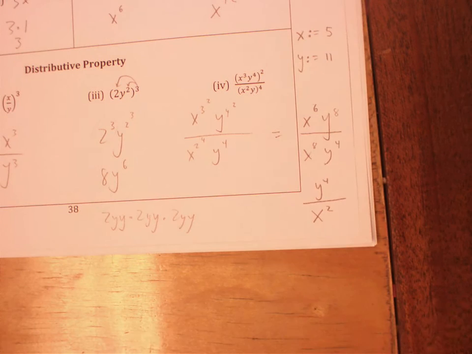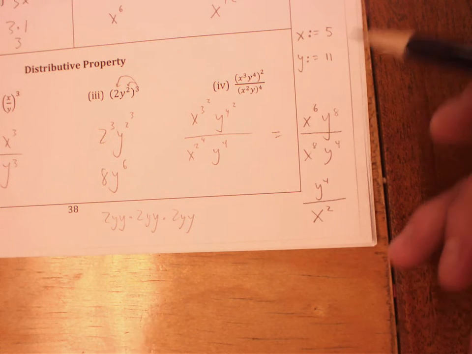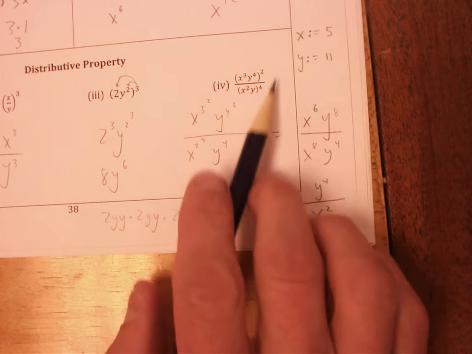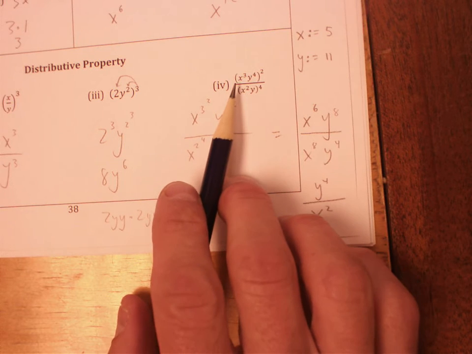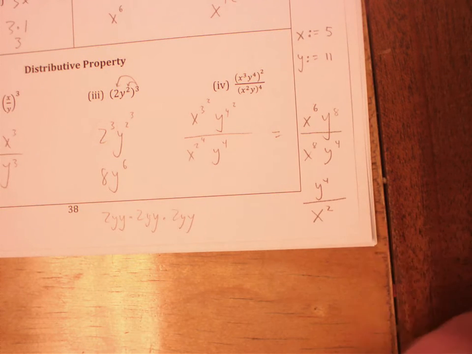Don't make them 2 and 3. Don't make them 1 and 2 or 0 and 1. Try to make them odd maybe and not too close together. And then you could plug this in and hit enter on your calculator, and it'll spit out a number. And you could plug in your final answer too into your calculator, and it should be the same exact number. So that's just a fun way to check if that's something you want to do.